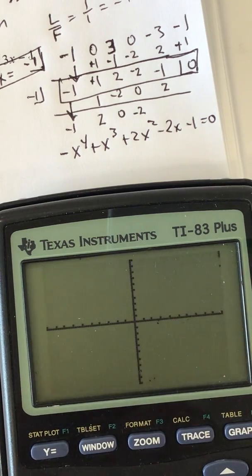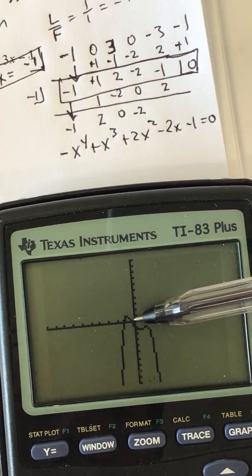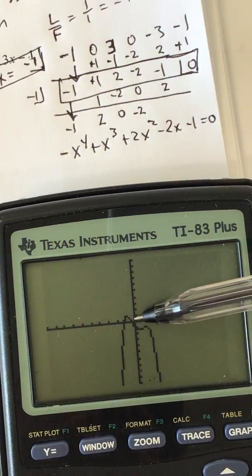I'm going to zoom 6 that and see what that looks like. Okay, looks like there's 2 answers to it right there.